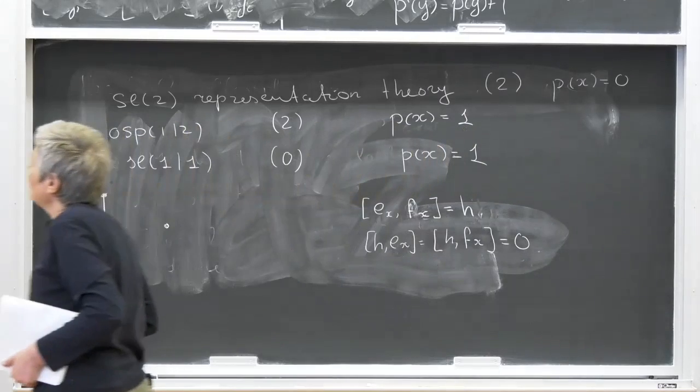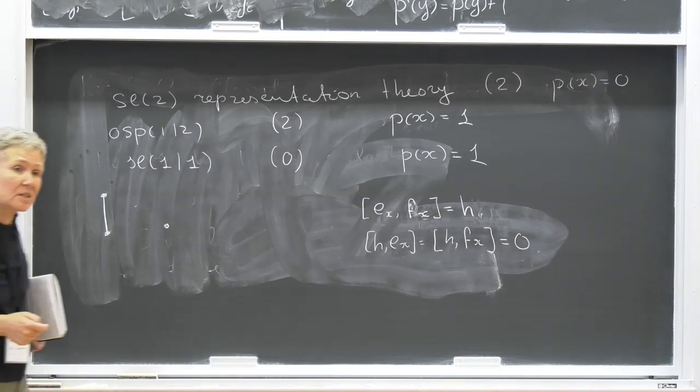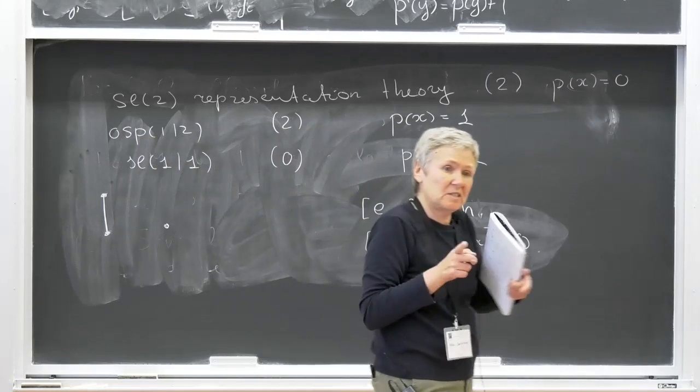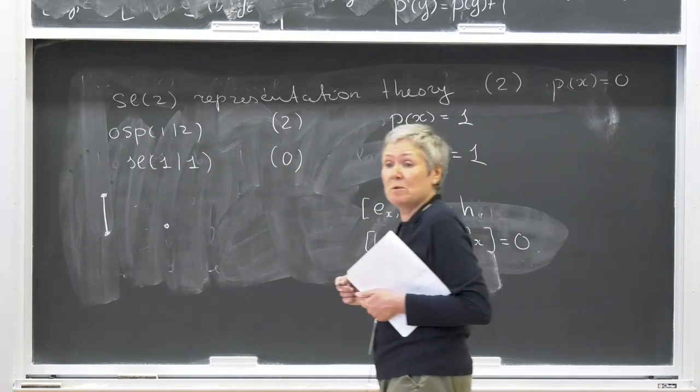So now I defined the category, I defined the morphisms between objects. This is a little bit by generators and relations. I define the arrows, but I should now say when 2 arrows are equivalent.